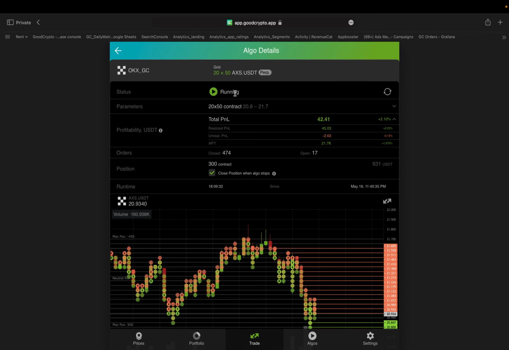But I would say those are run-of-the-mill instruments. So I measure all the other grids that I set up in relation to how they perform relative to BTC and ETH versus USDT.